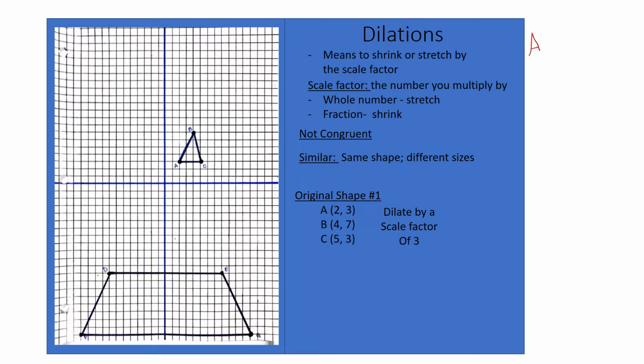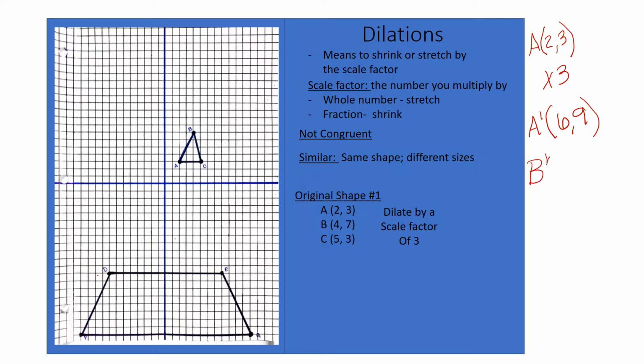I'm going to start with point A. 2, 3 is my original point, and I'm going to multiply that by 3, meaning A prime is going to be at 6, 9. 2 times 3 is 6, 3 times 3 is 9.